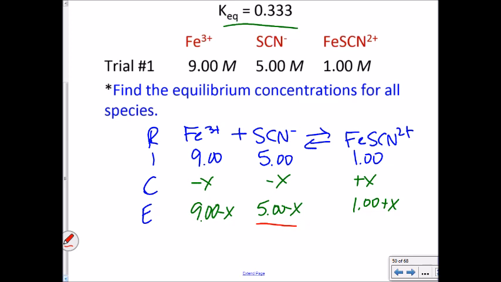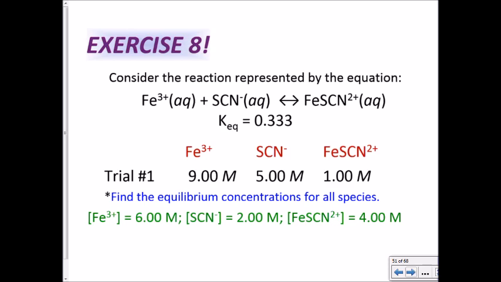So what did you guys get when you graphed this one? 3. You got 3 for your x, right? So 9 minus 3 should have given you 6 for your equilibrium concentration of iron. 5 minus the 3 gives you the 2, and 1 plus the 3 should give you this 4 over here.